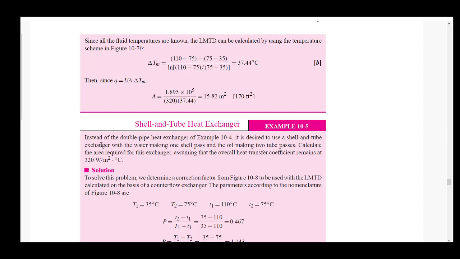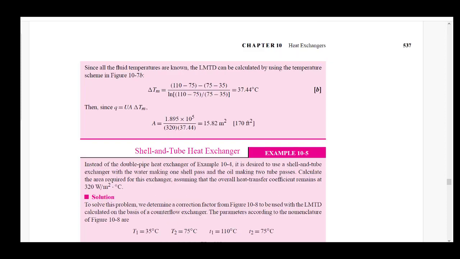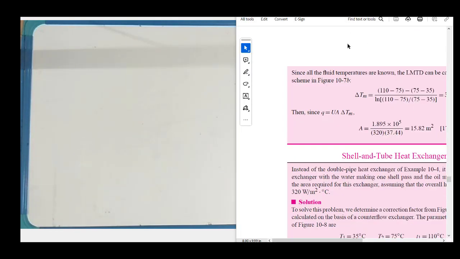It says, with the water making one shell pass and the oil making two tube passes, calculate the area required for the exchanger, assuming that the overall transfer coefficient remains at 320.